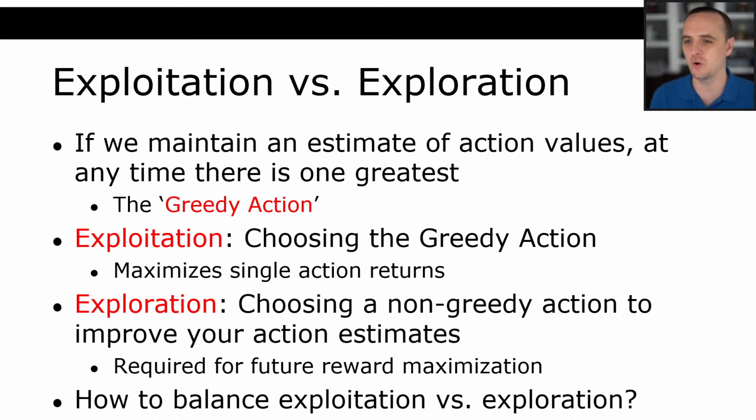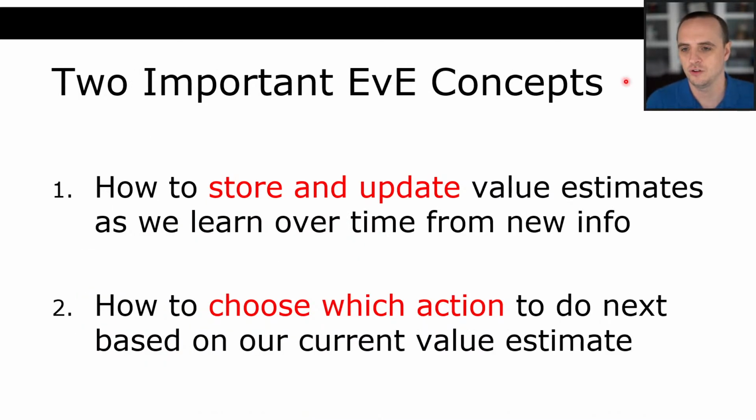So you're typically going to have some sort of budget or time limit or learning limit that makes you want to do this as fast as possible. So how are you going to balance exploiting knowledge that you have versus exploring new actions? Well, there are 2 important concepts when it comes to exploration versus exploitation, and this is how we actually implement things.